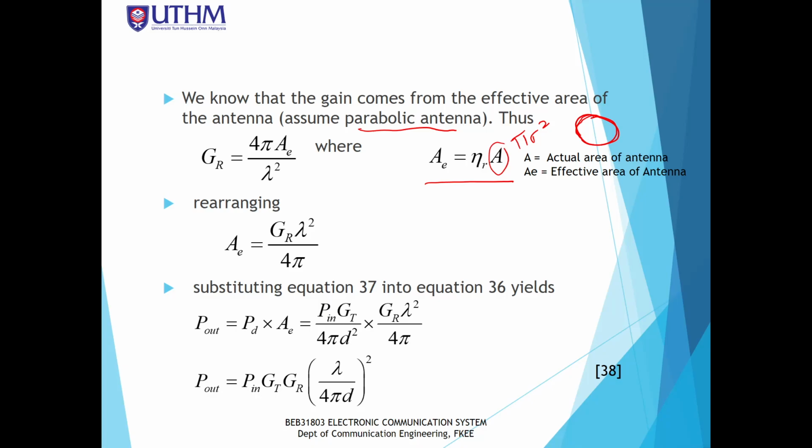So it's pi r square. Okay, and this is the antenna efficiency. So therefore GR is equal to 4 pi AE over lambda square. So this is a given equation for GR.